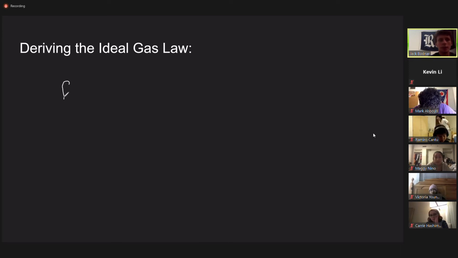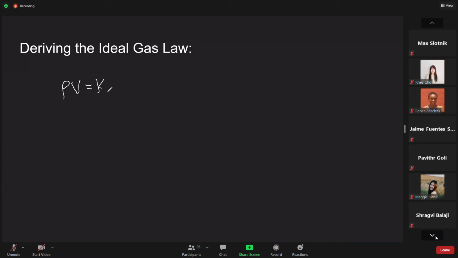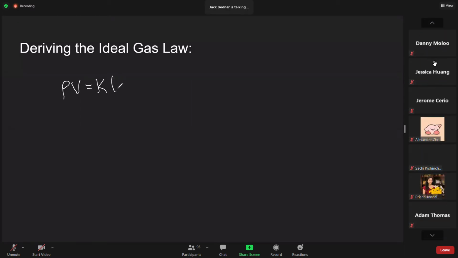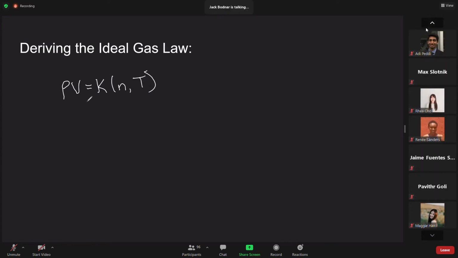Let's say we start with Boyle's law, which is PV equals K(N, T). Right now I have pressure and volume inversely proportional to each other. Somehow I need to figure out how moles and temperature are related to these in order to get my ideal gas law.